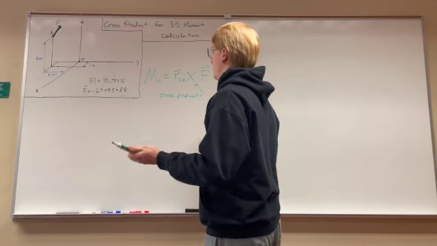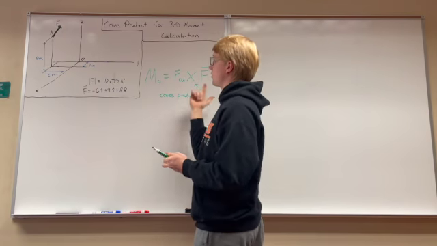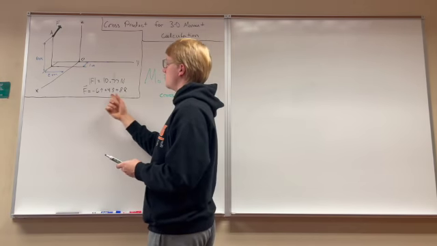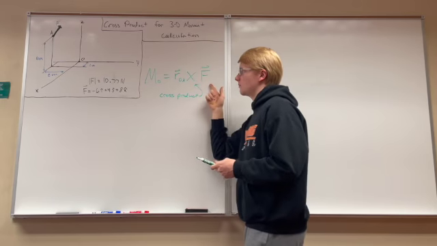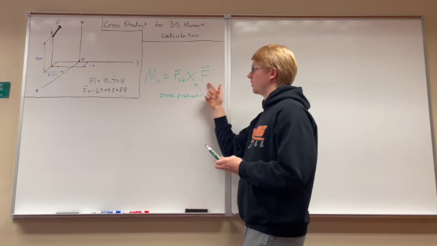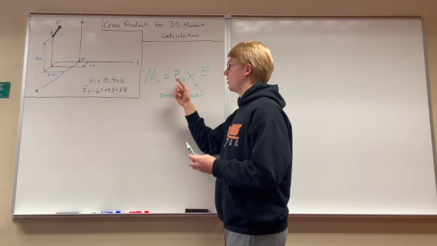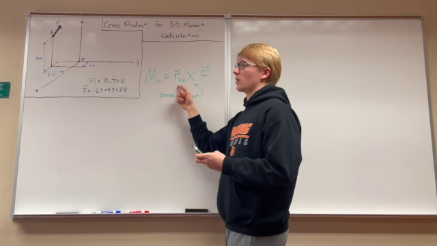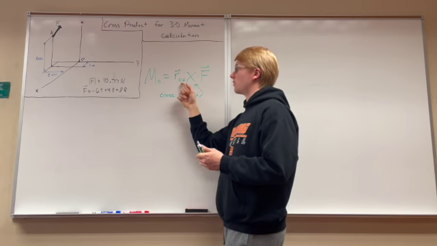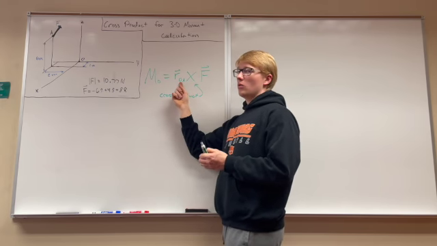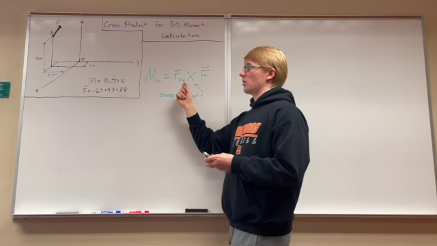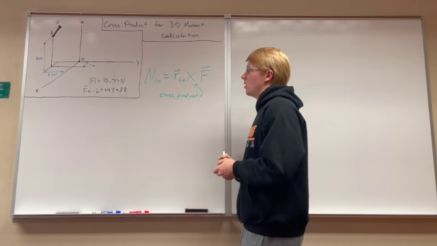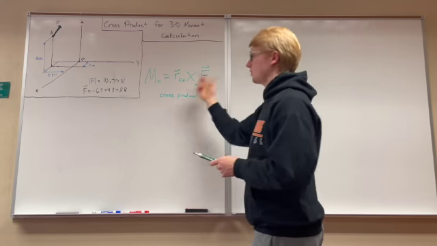And so in this specific problem, since we're focusing on cross product, the problem gives you the vector notation of the force. And we have to find the vector notation of the distance from revolution point O to the force at point A, and then cross it.